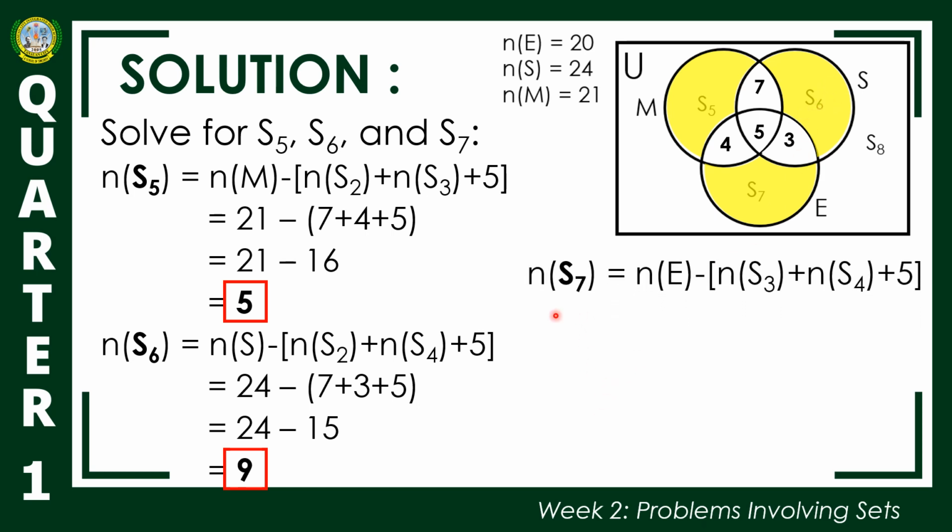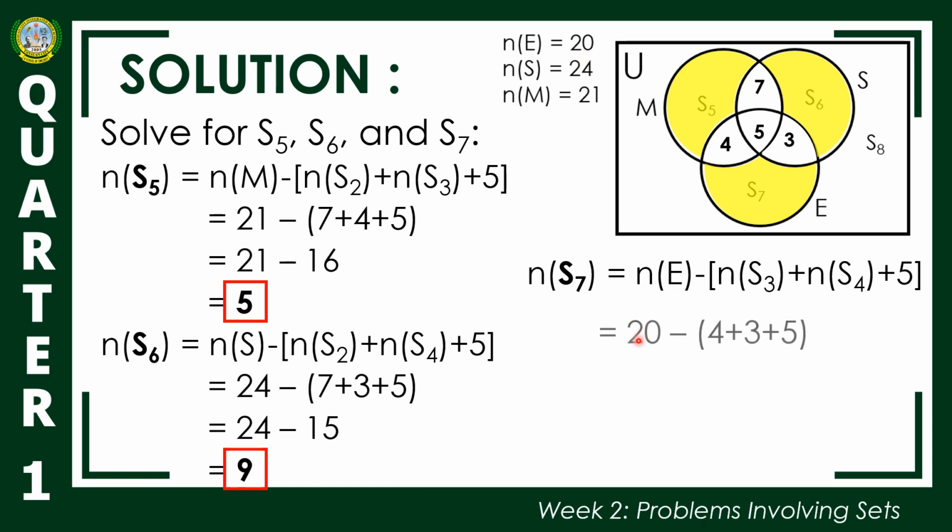Last po is S sub 7. So, para makuha po natin yung number of elements sa S sub 7, isusubtract po natin yung sum of the elements of S sub 3, S sub 4, and yung intersection na 5 from the total number of elements of E, which is 20.